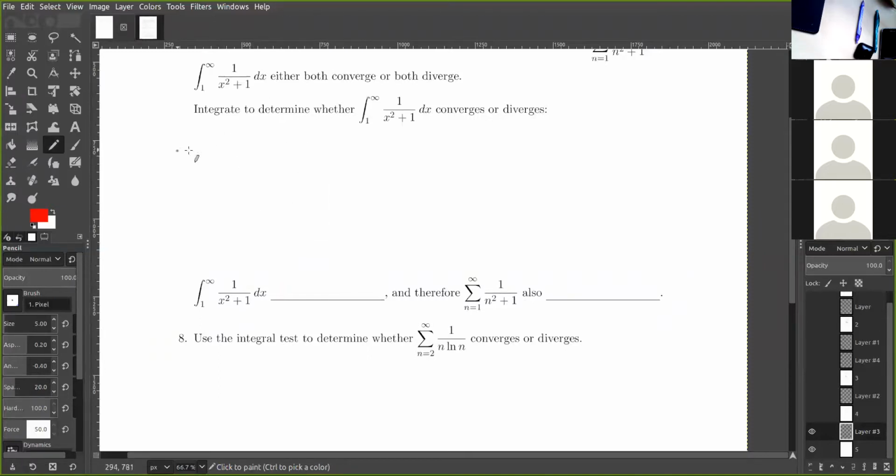So this guy is equal to arctan, from 1 to infinity. What is our limit as arctan goes to infinity? So remember that one was pi over 2.